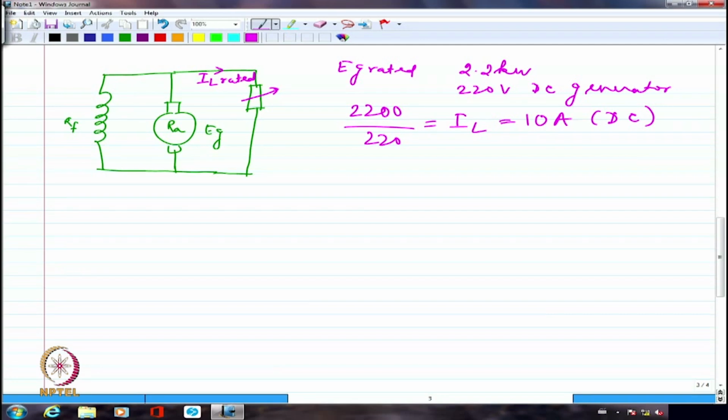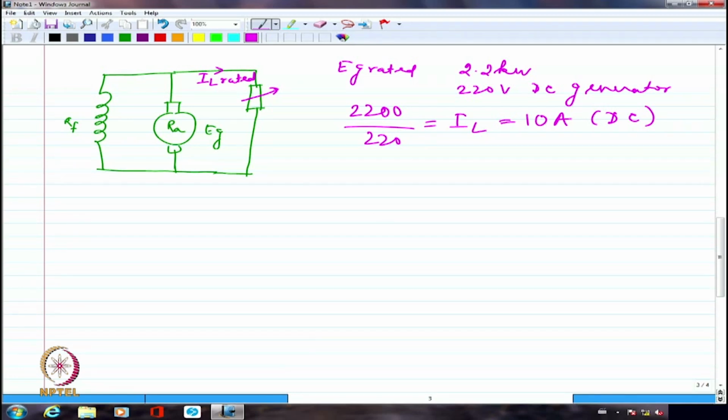Even if I assume that RA is 0.1 ohm, very, very small, still I am going to have at least 1 volt drop as IA-RA drop. So what the machine originally generated would have been maybe 221 volts, out of which 1 volt is dropped and I am getting 220 as the terminal voltage.